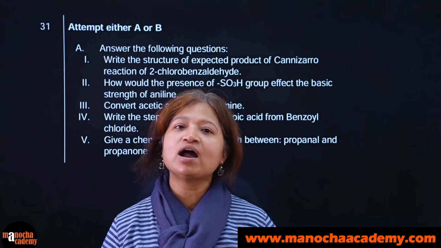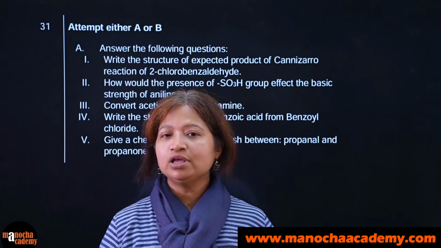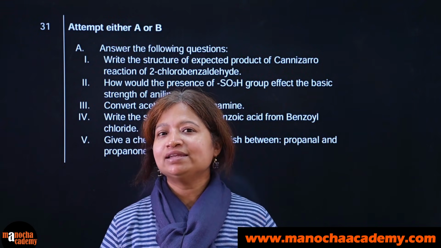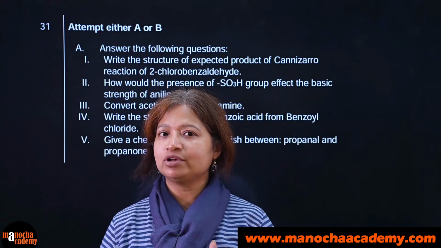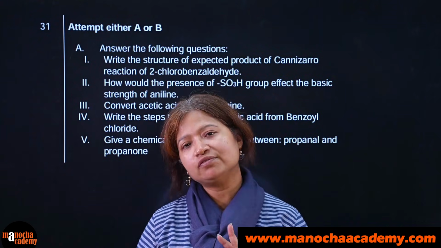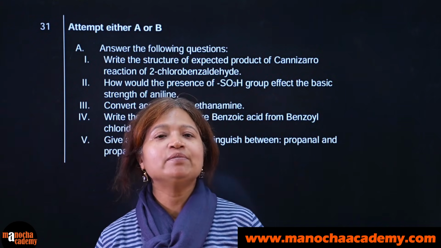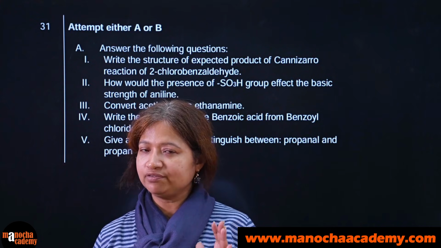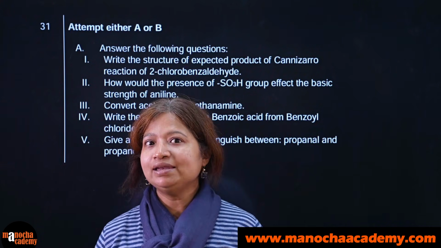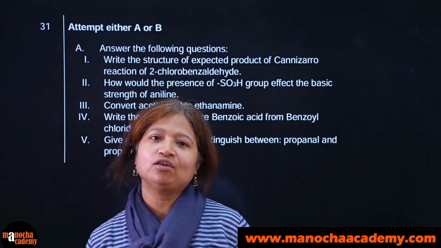Aldehydes which do not have alpha hydrogen atom. And it's a disproportionation reaction. That means one aldehyde is getting oxidized to the corresponding carboxylic acid, in fact the sodium salt of the carboxylic acid. Why sodium salt? Because the medium is basic in nature. So it doesn't remain as carboxylic acid, it remains as sodium salt. And the other aldehyde gets reduced to the corresponding alcohol.